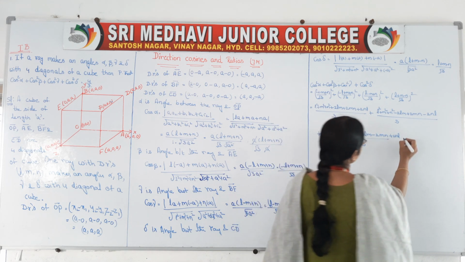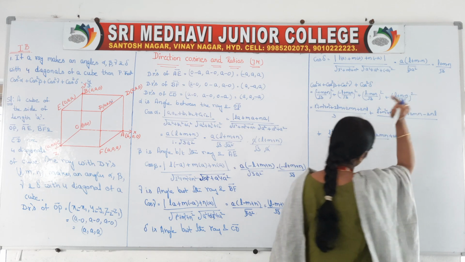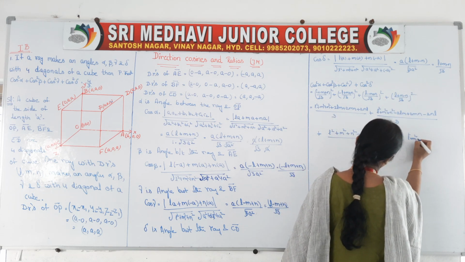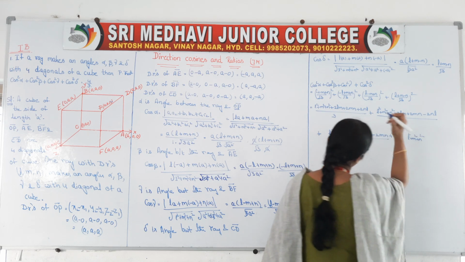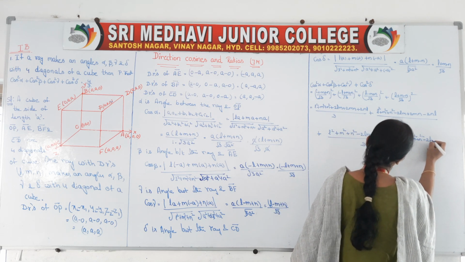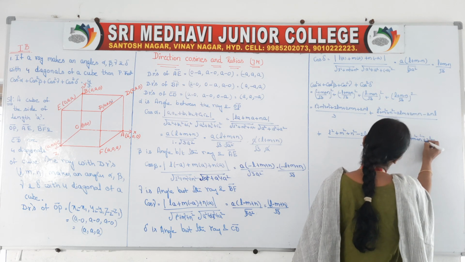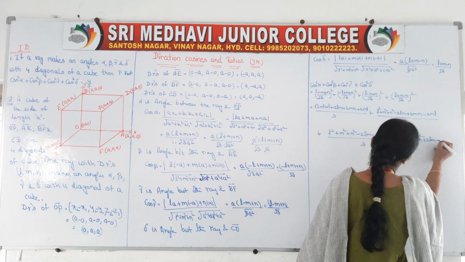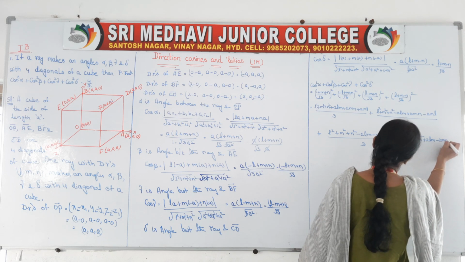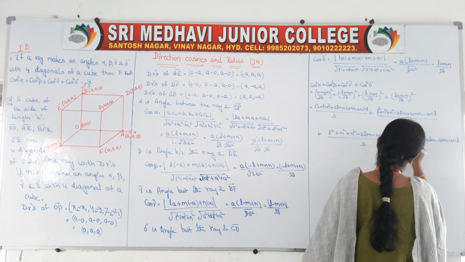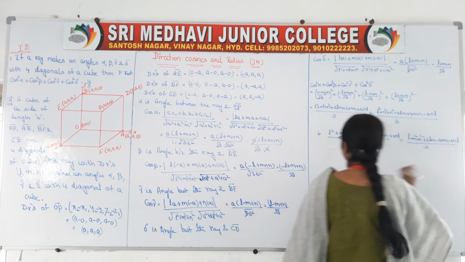Okay, plus again this one whole square, l² + m² − n² whole square is n² − 2lm, right, both are positive, plus next this one is negative 2mn, next nl − 2nl by 3.